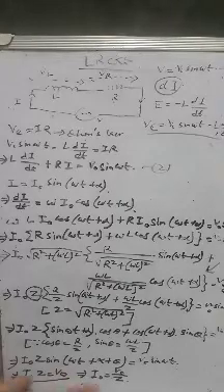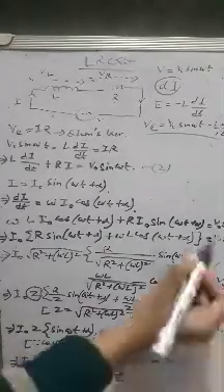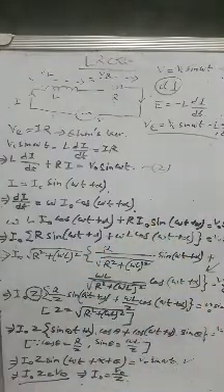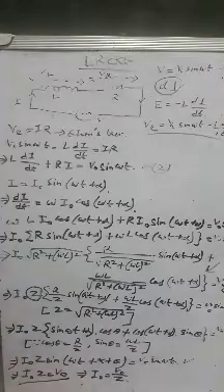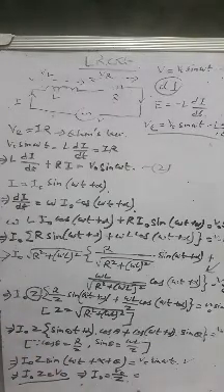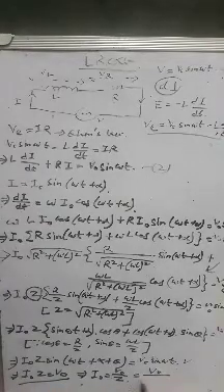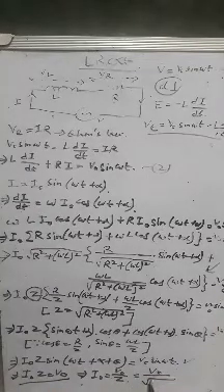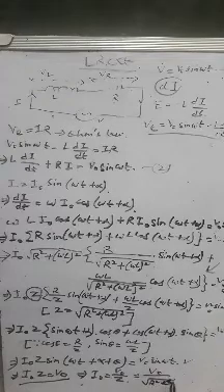Only this equation we have to consider, forget about the full part. So in the next step, I naught equals V naught by Z, and instead of Z I can write V naught by root R square plus omega L whole square.